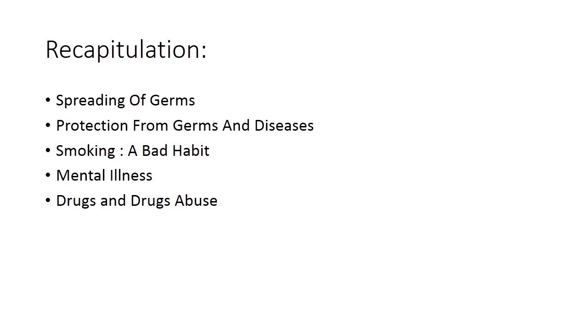Then the next topic was smoking. We read about the harmful effects of smoking. It causes many diseases, including heart diseases, lung diseases, as well as many types of cancer. Then the next topic which we discussed was the types of mental illnesses. There are two main types of mental illnesses. The first one is neurosis and the second one is psychosis.